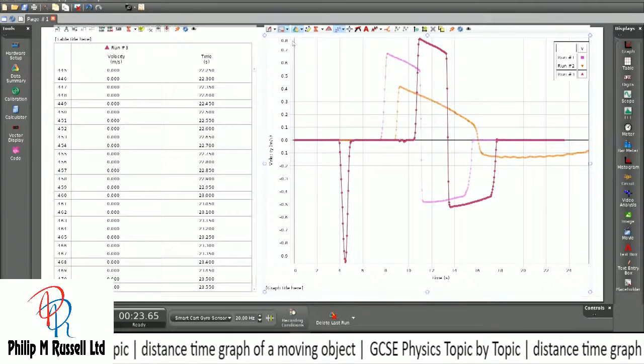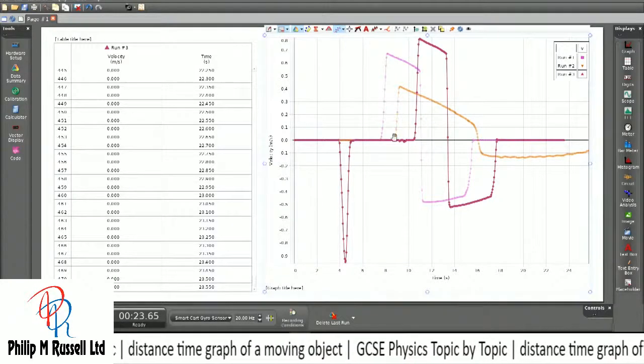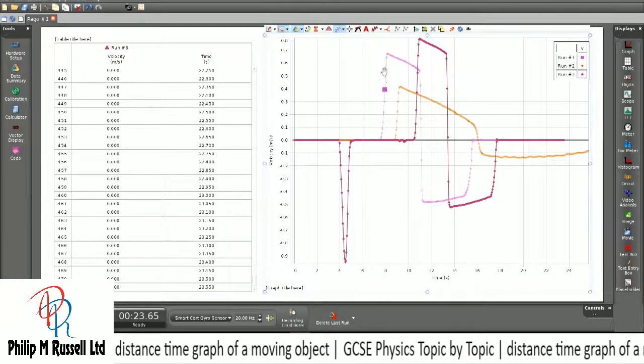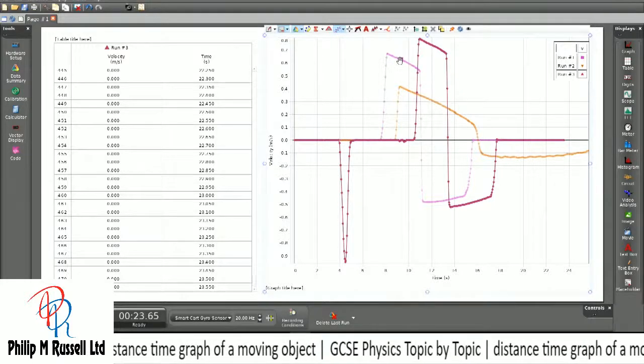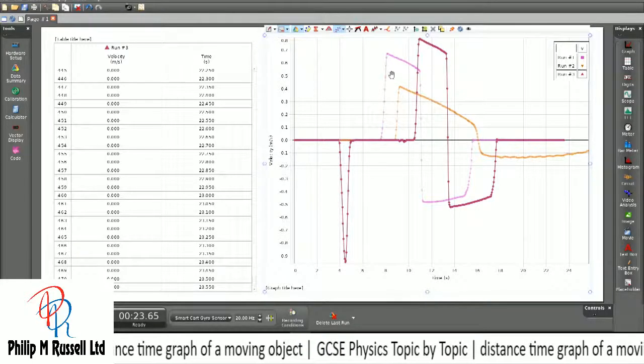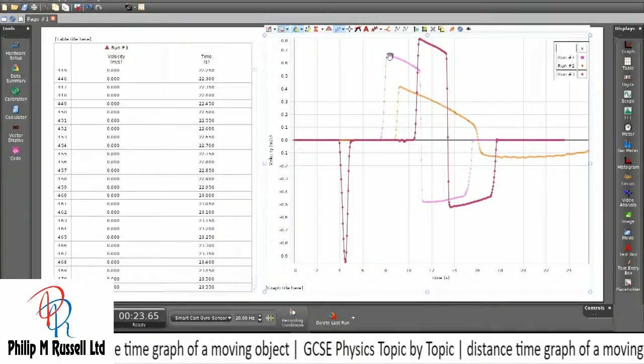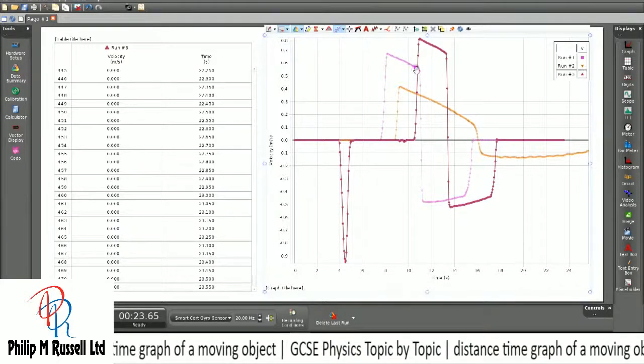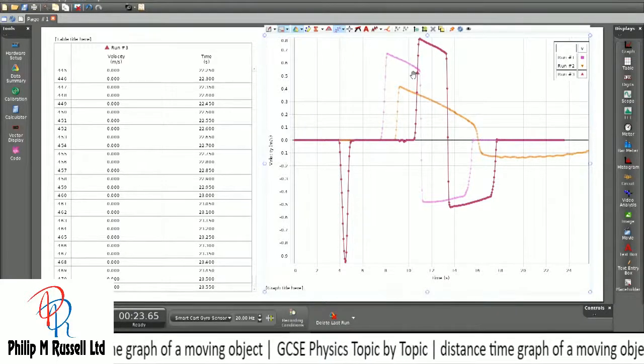And we can see that we've got our three velocities. We've got our slow, our medium, and our fast, and we can record those. And each one of those we can see it is in fact slowing down. The velocity is not constant.